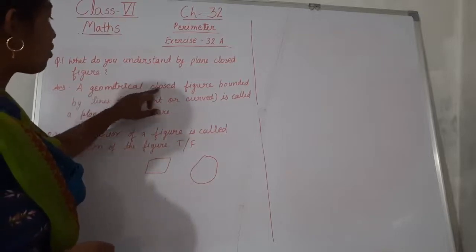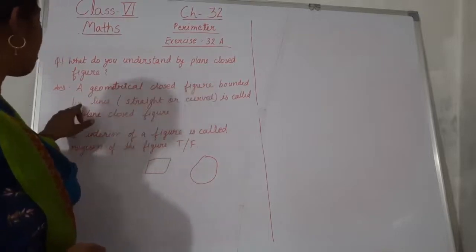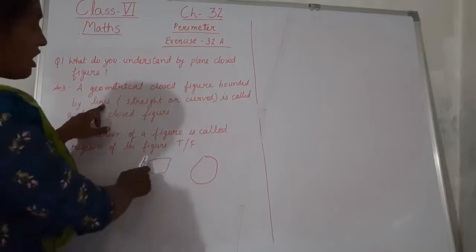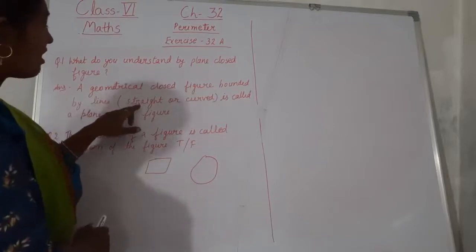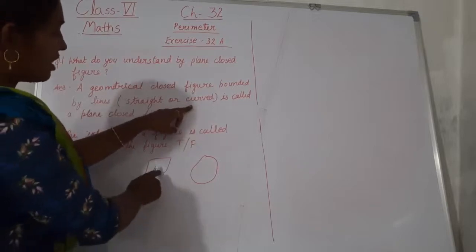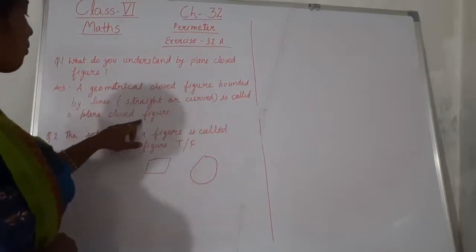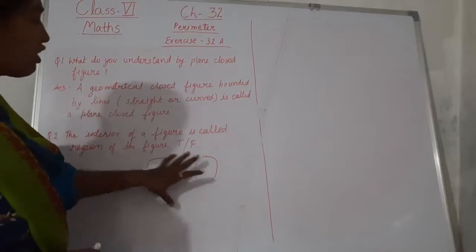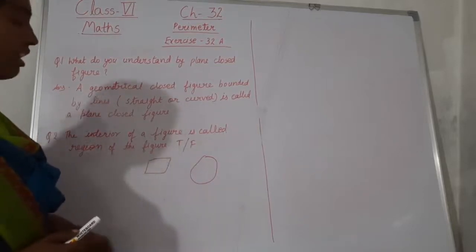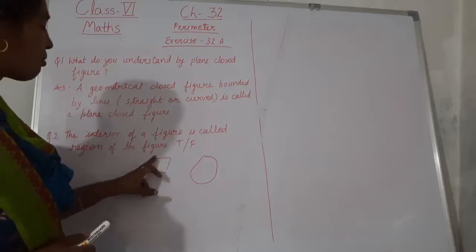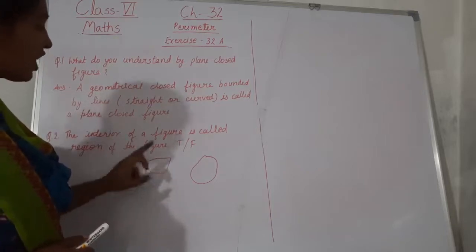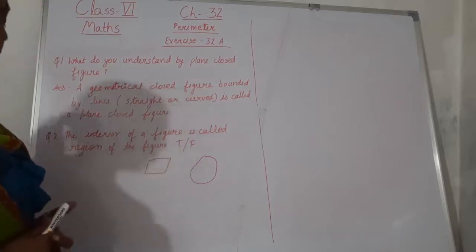A geometrical closed figure bounded by lines, either straight or curved. This one is straight, this one is curved, is called a plane closed figure. A geometrical figure which is closed by a boundary, either straight or curved, is known as a closed figure.